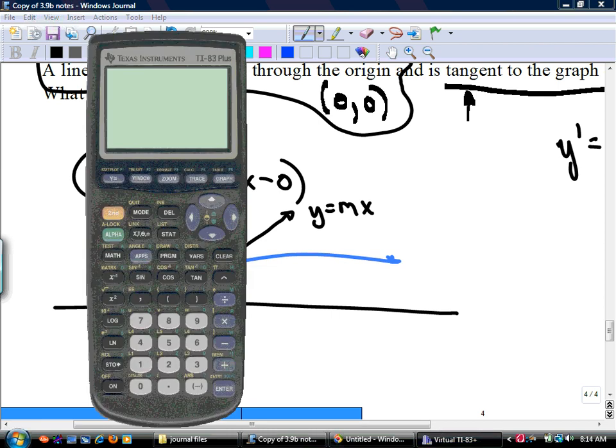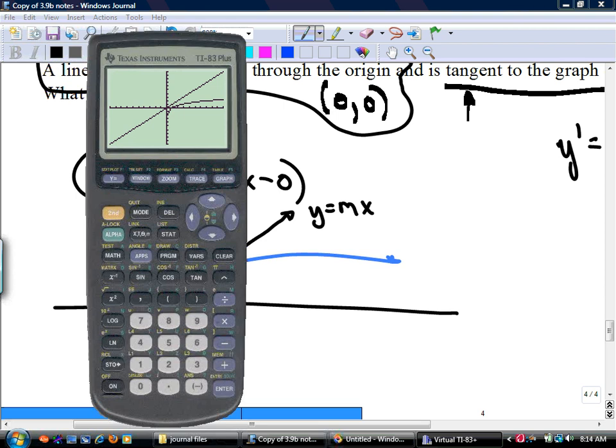Okay, so let's just have a visualization of what's going on here. Because I didn't tell you where it's tangent, did I? So we could just write y equals x and y equals ln x. Are they tangent? Do they even touch? So m isn't 1.